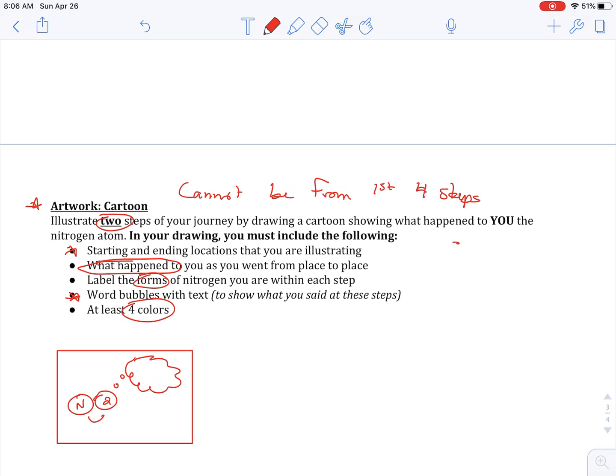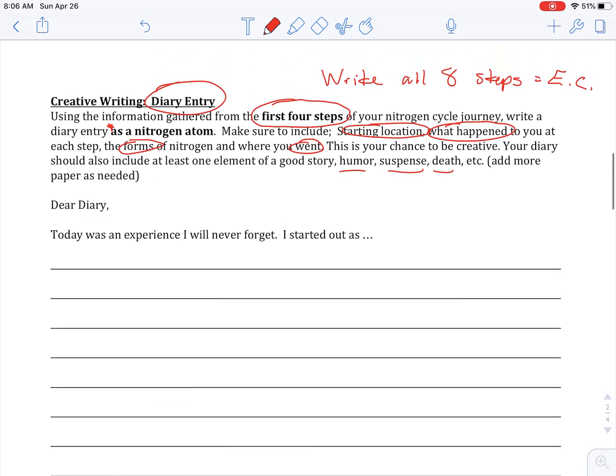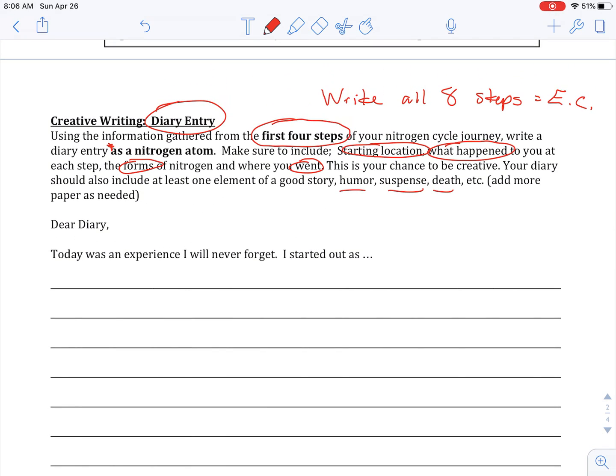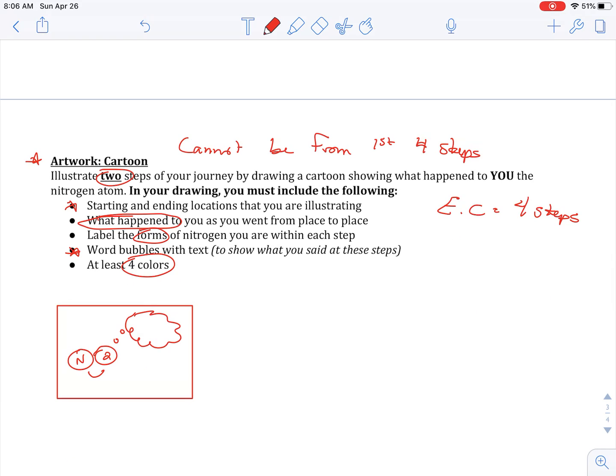If you want extra credit, do 4 steps in your drawings. I want to be very clear here. Everyone has to do the creative writing 4 steps, and everyone has to do the cartoon 2 steps.